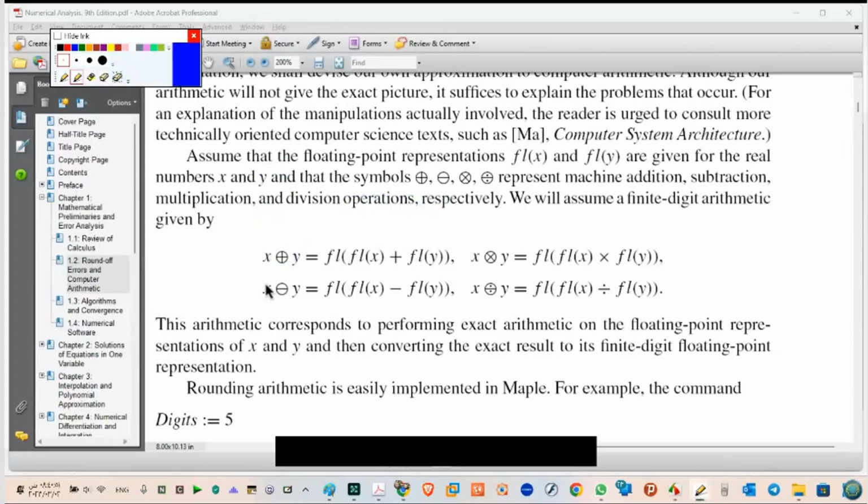So if I want to apply an arithmetic method, I will use plus inside the circle, minus inside the circle, multiply inside the circle, divide inside the circle. This circle means that I'm using the approximation method, not the exact method. Approximation means either chopping or rounding. Clear? What's the meaning of this circle?